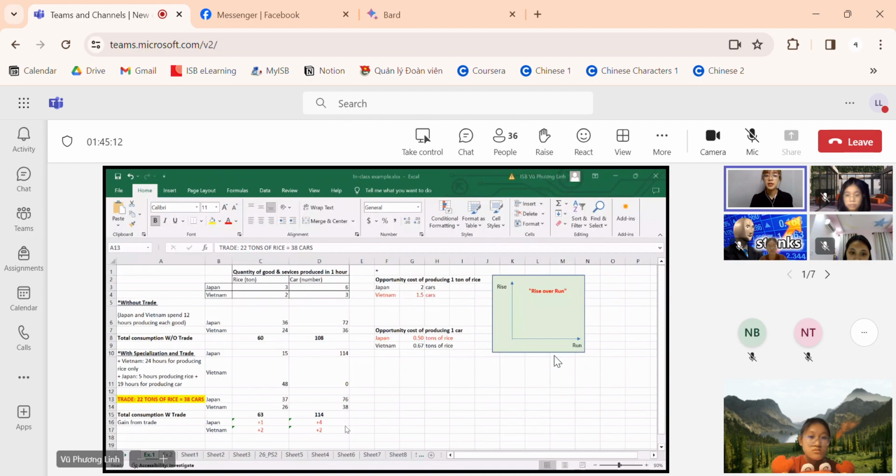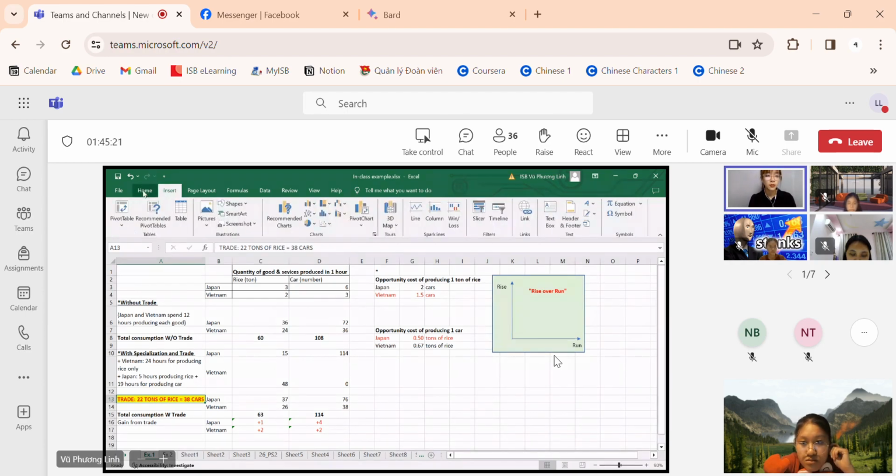There's a secret behind that trading rate. Okay, so now let me tell you. The trading rate is 22 tons of rice for 38 cars.